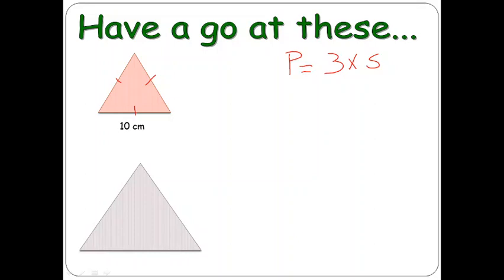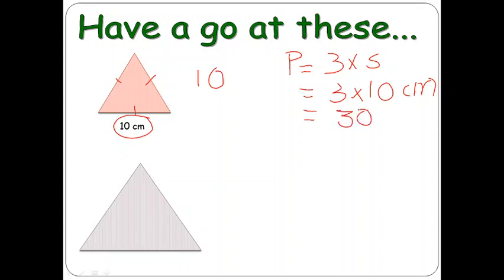So 3 multiplied by, what is the length of a side? 10. 3 multiplied by 10, and the unit is centimeter. You can use mental math fast. 3 times 10, how much? 30. So 30 centimeters is the perimeter for it.